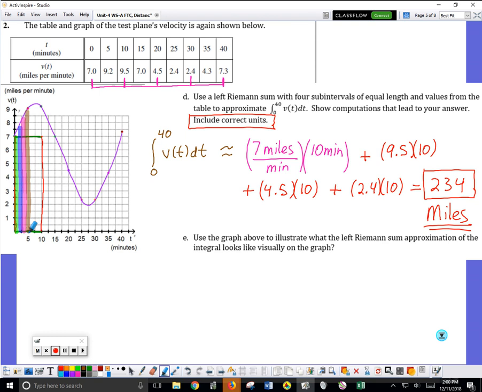Okay, look at the picture. You should be able to tell me very quickly. This little computation, 7 times 10, is saying that during the first 10 minutes, the position will change by 70 miles. Is that an over or under estimate? Under.